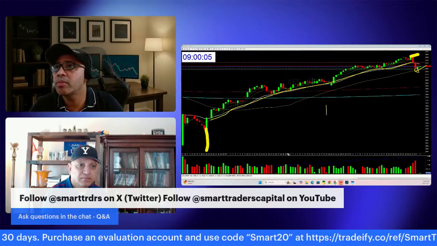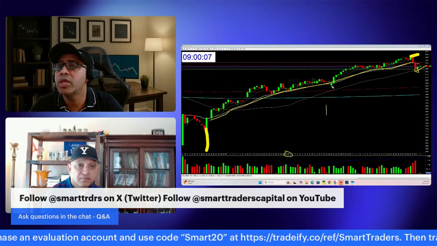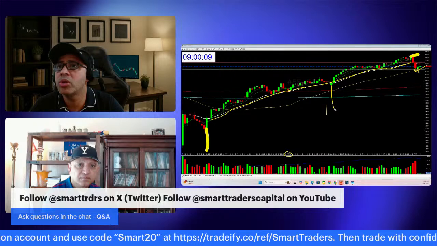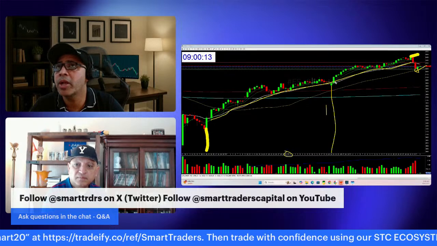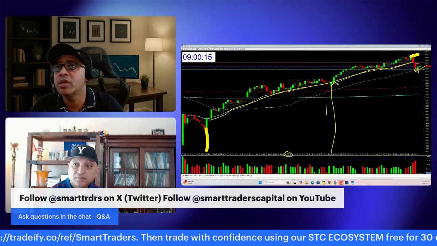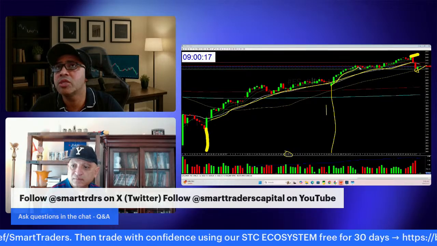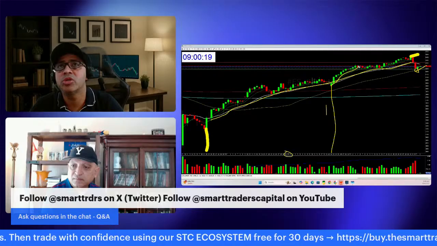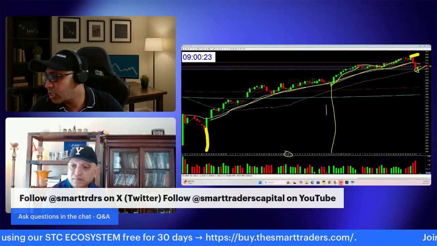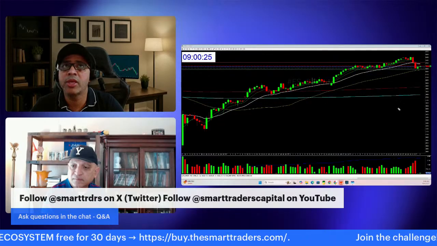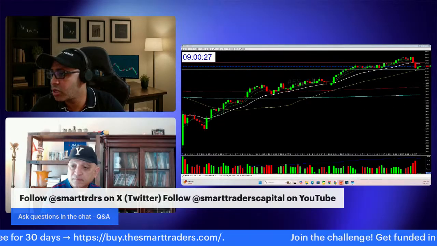Only one time in June it gapped down and opened under the 21 EMA and was immediately bought back up. From there you saw 12 days of rally, then consolidation, and then another rally.